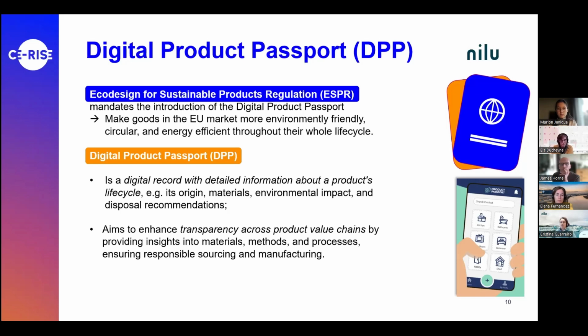And later on, it will also have to be introduced for products like electronic devices, energy-related products, construction products, paints, furniture, etc. Its introduction is expected to continue until early 2030s, and several standards are currently being developed to be ready for the introduction of DPPs in the European market in 2027. And some of them will come already next year.